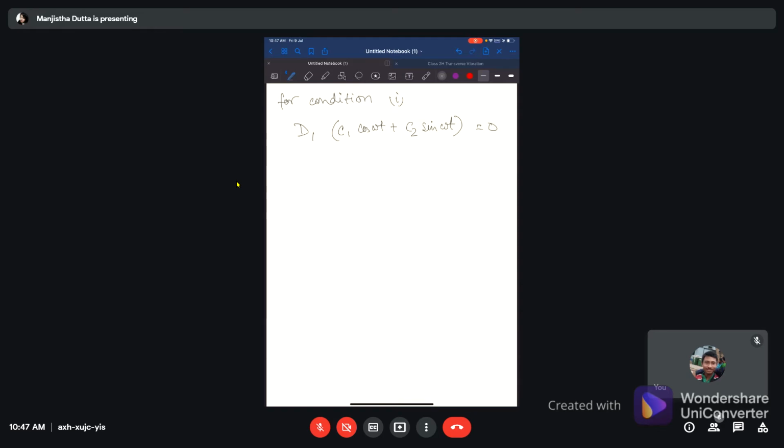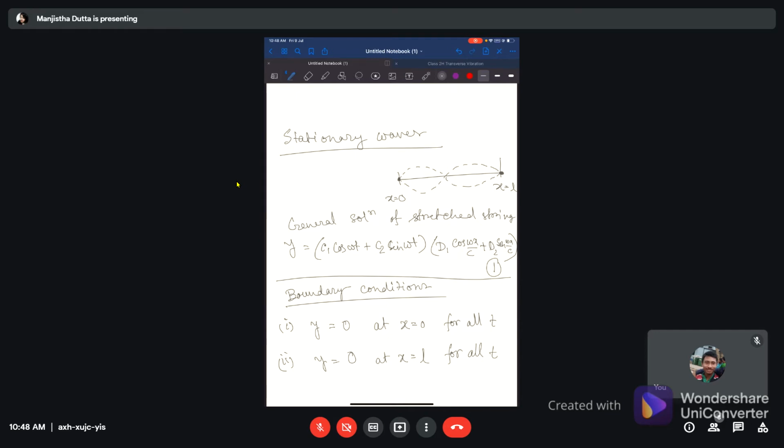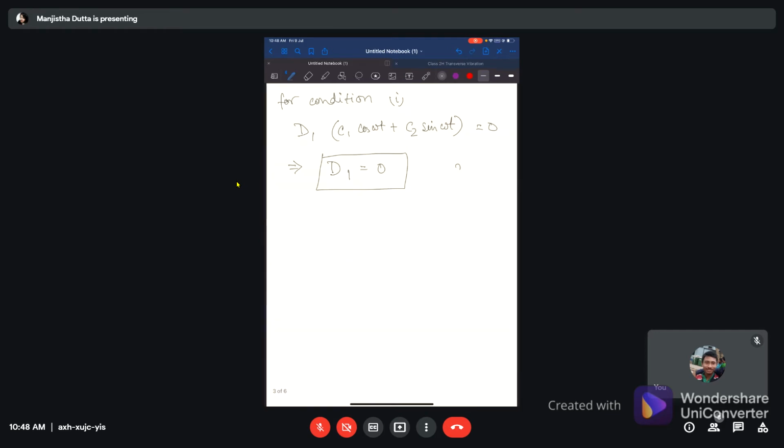Now, if this equation has to hold true for all values of t, D1 must be 0. Let's give this equation number 1, and this is our equation number 2. Now apply the second condition, condition 2.